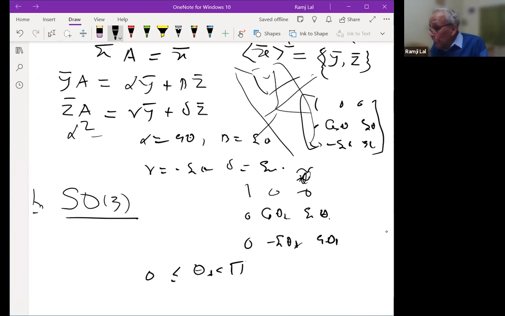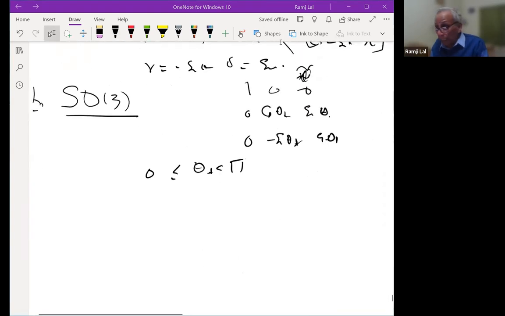So to every theta you have such a matrix, and every matrix is conjugate to such a matrix. So the conjugacy class of SO3 you can describe like this. So SO3 has this conjugacy class.